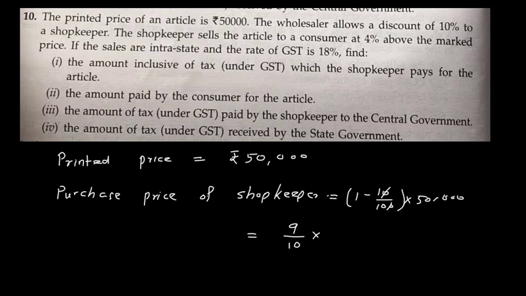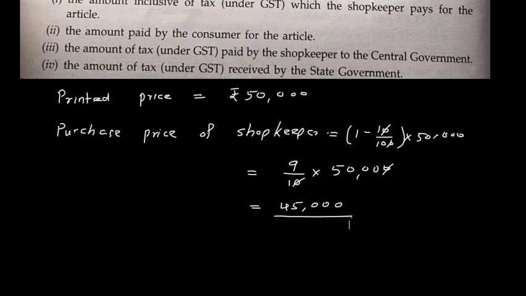This is 9 divided by 10 multiplied by 50,000. So this 0 will cancel, 5,000 into 9 is 45,000. So the 50,000 at 10% discount was purchased by the shopkeeper at 45,000.